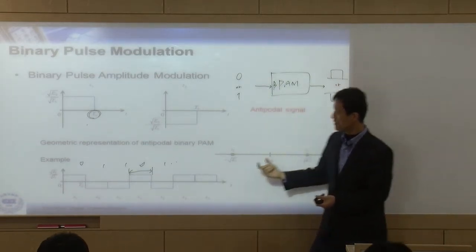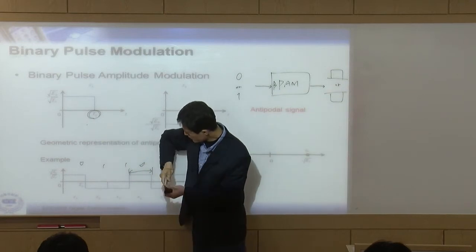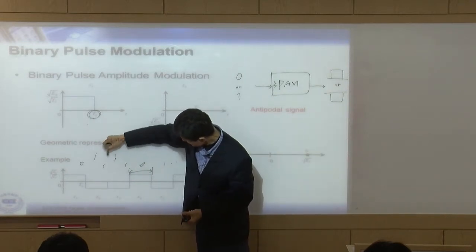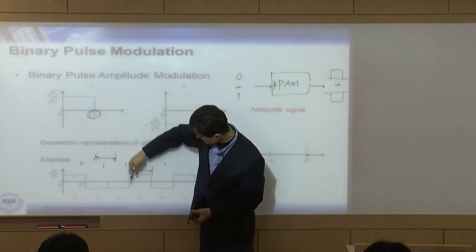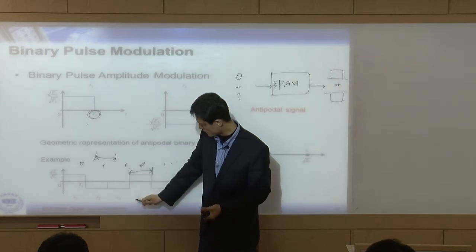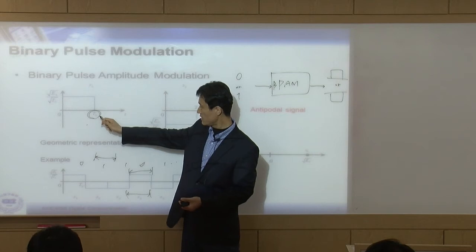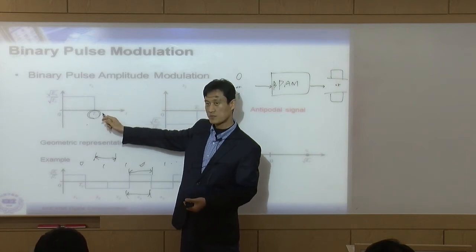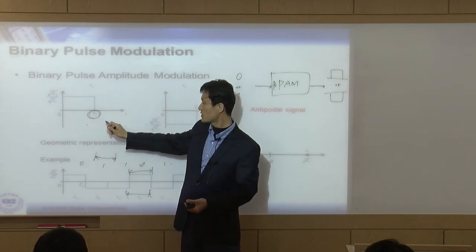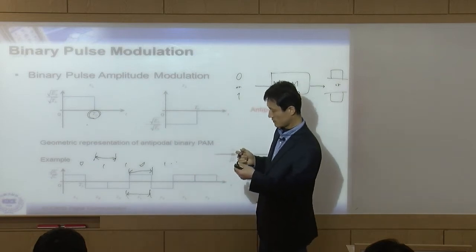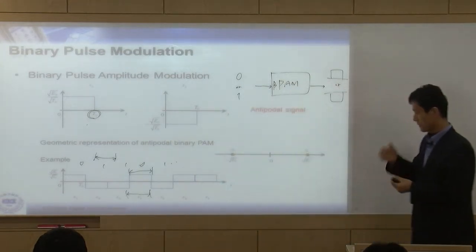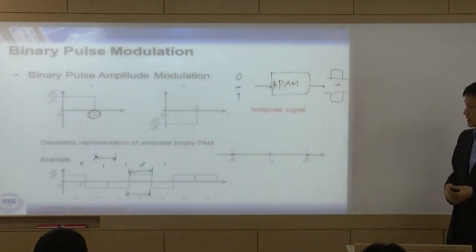So therefore, the original bit duration is the same as the symbol duration. So TB, in this case, is a bit duration, but this bit duration is the same as the symbol duration. That's the antipodal signal.